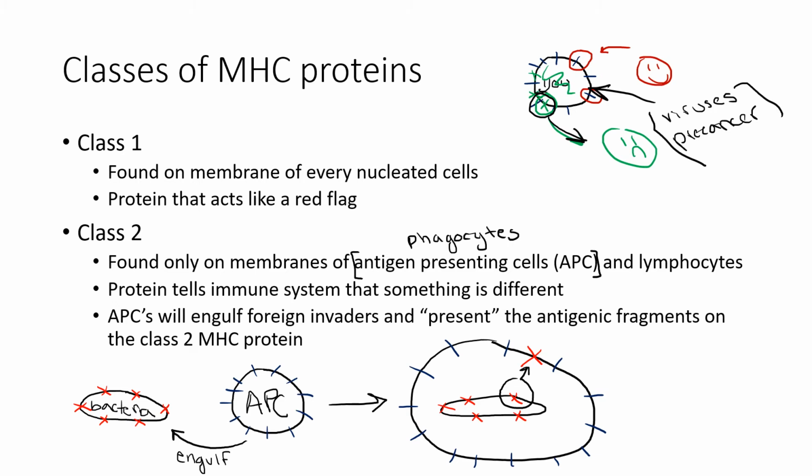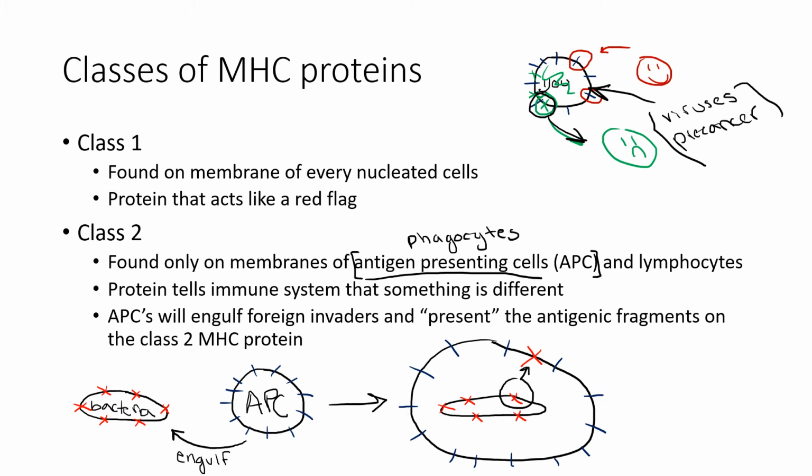And also, these include lymphocytes, but do keep in mind these antigen-presenting cells. So these proteins are going to tell your immune system that something is different, something is off, something is not right. The APCs will engulf foreign invaders and then present the antigenic fragments on their class 2 MHC proteins.